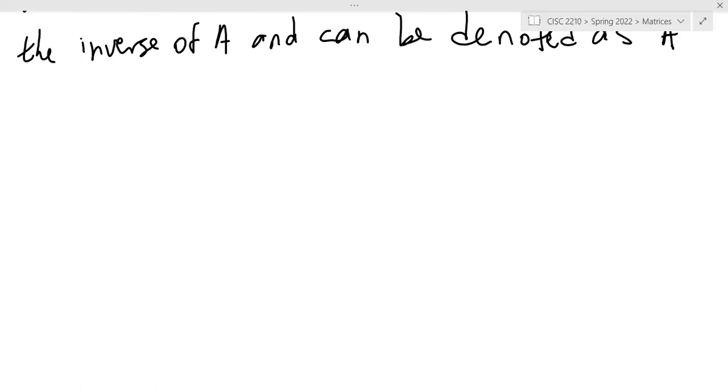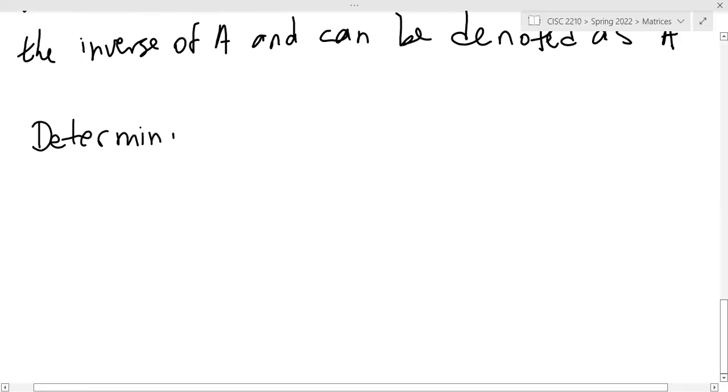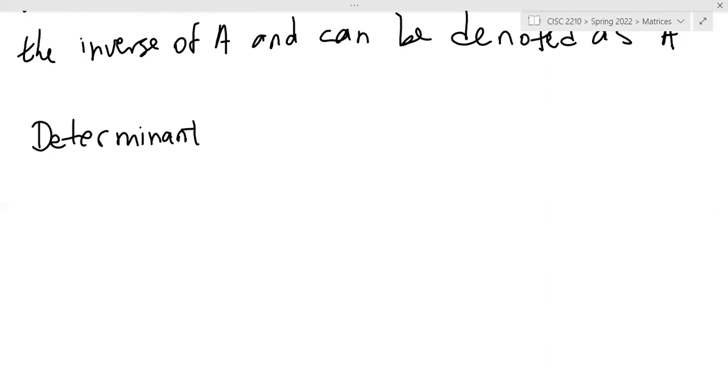So we want to find the inverse of a 2x2 matrix. But first, before we do that, I want to introduce a new idea, and that is a determinant. We're only introducing this because it's part of finding the inverse. So the determinant of a 2x2 matrix.